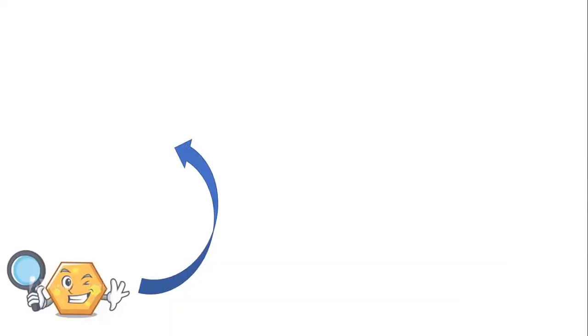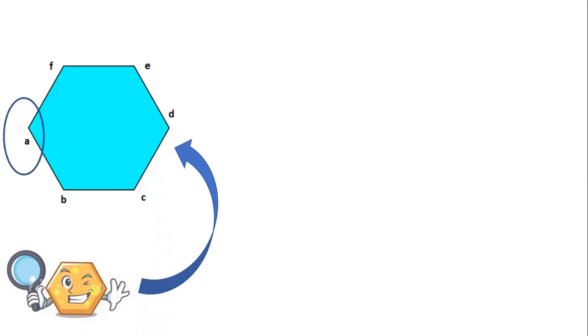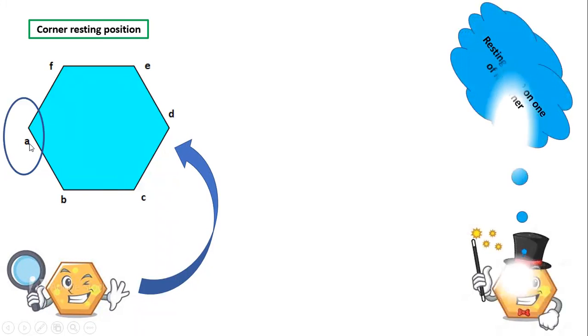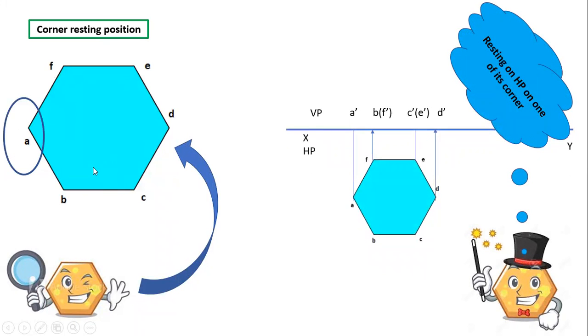So let's look into the top view. The top view appears as a hexagon because it is placed in HP and it is resting on one of its corners. So it is resting on the corner A. Resting on HP on one of its corners, the first position will look like this.